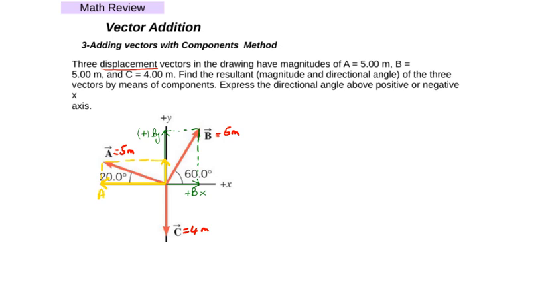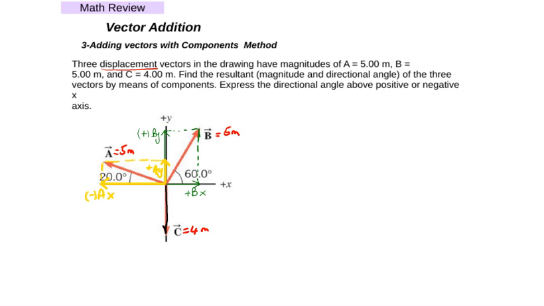Let's try again. Alright, this one is good. This is my Ay. From the origin to where it hits the x-axis, this is my Ax. I see that Ax is to the left, so I'm going to mark it as negative. Left is negative, right? And Ay is up, same as B, so that's positive.